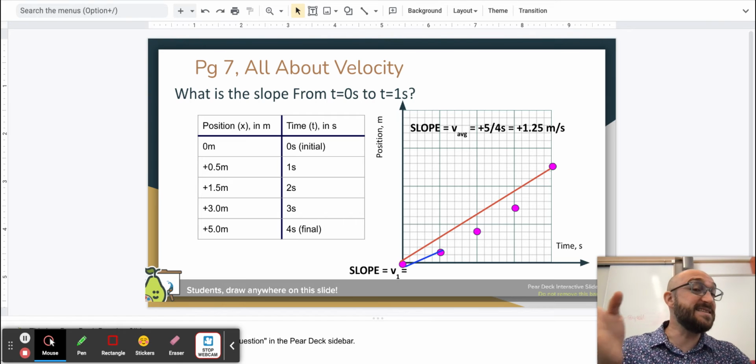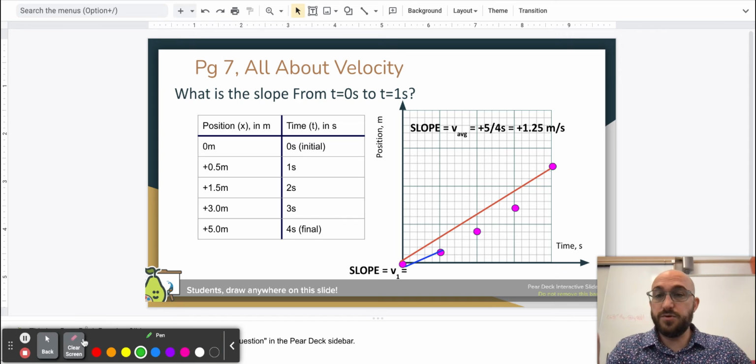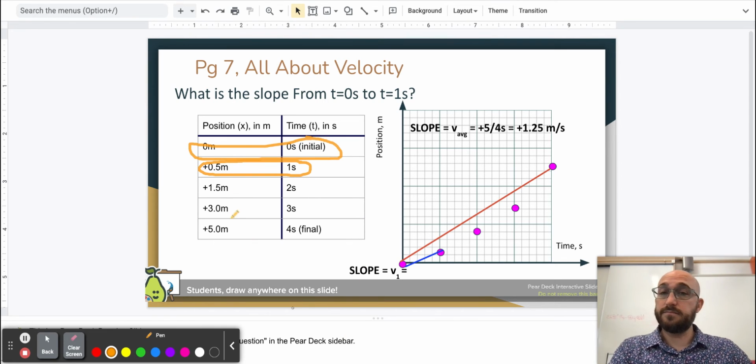Now, what about the instantaneous velocities? Let's look at V1 from second 0 to second 1. How would we find V1? Well, the same way. You would do the rise over the run. But what if I don't want to read that graph? Well, you could also look at your data.